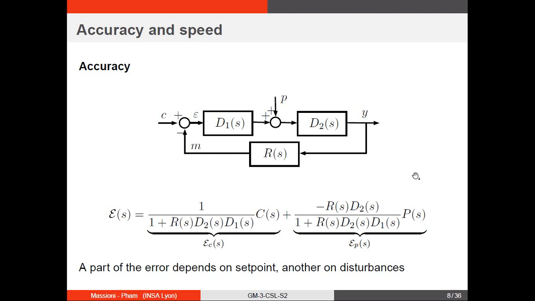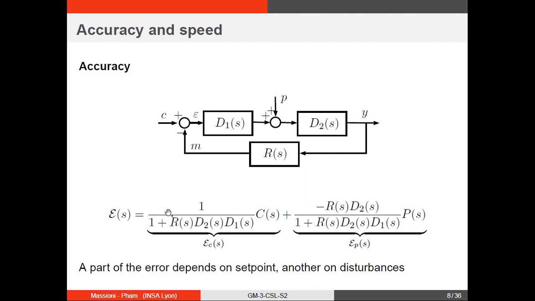For the effect of P over epsilon, we again have the direct transfer on the numerator. We have D2, then we have R, and then we go through a minus sign, so we have minus R D2, and the denominator is always the same.